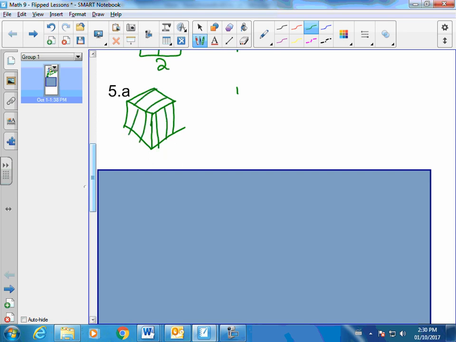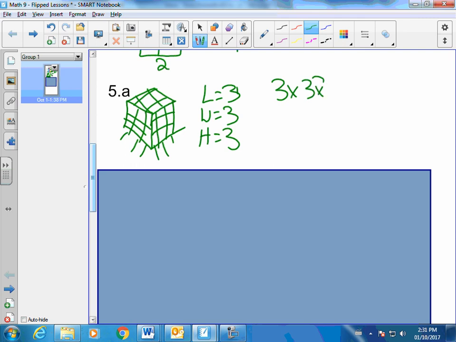Forgive my horrendous art skills. It has 1, 2, 3 units per side, and 1, 2, 3 units here. So length is 3, width is 3, height is 3, times 3 times 3 is the same as 3 cubed.